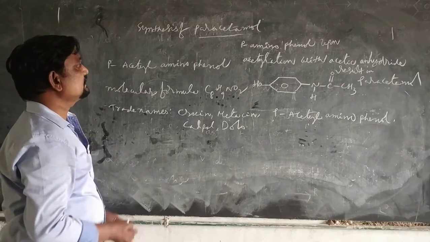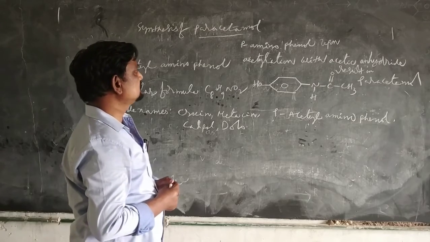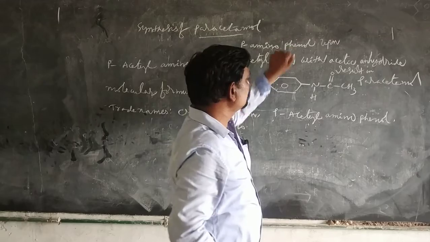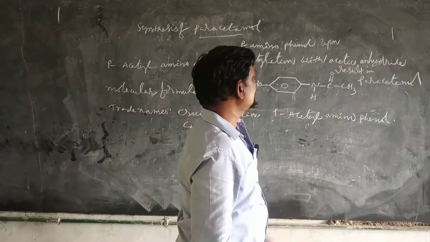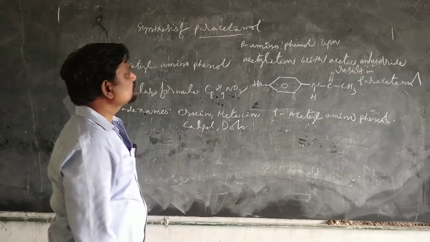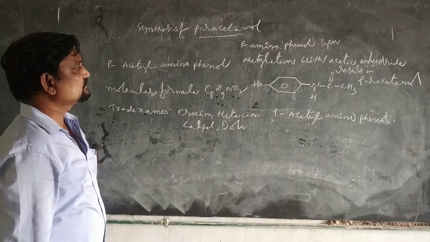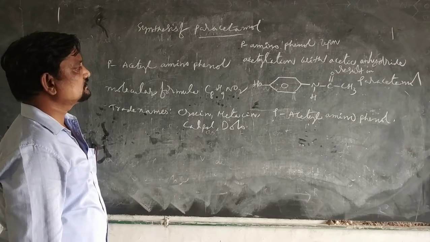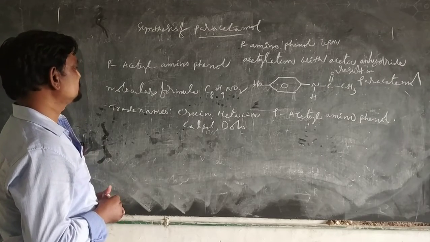So the initial required chemicals are para-aminophenol and acetic anhydride. Para-aminophenol is treated with acetic anhydride upon distillation to give paracetamol.